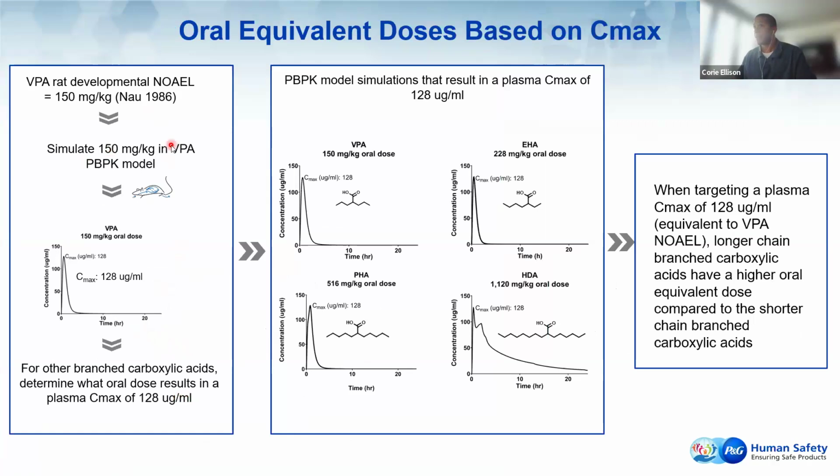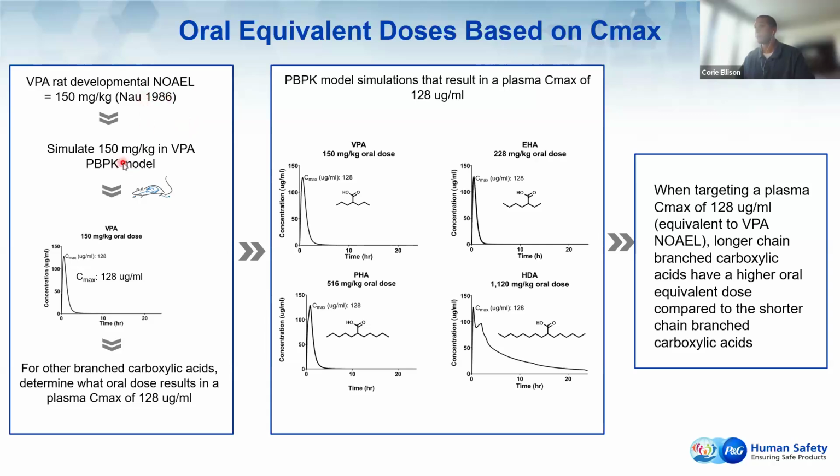So building off of that, we then used the PBPK models to run a final set of simulations. And this time we're interested in establishing oral equivalent doses across the different branch chain carboxylic acids. And to establish an oral equivalent dose, it's first necessary to pick a target internal exposure. In this case, we were interested in using the internal exposure that was associated with the developmental NOEL for valproic acid.